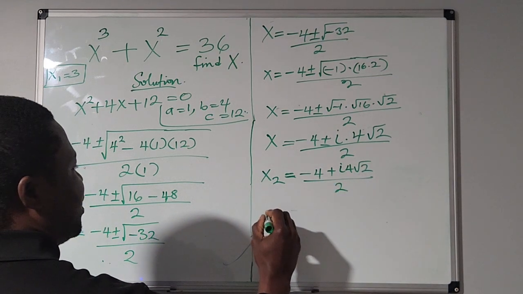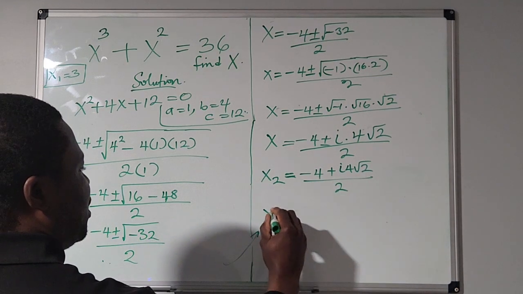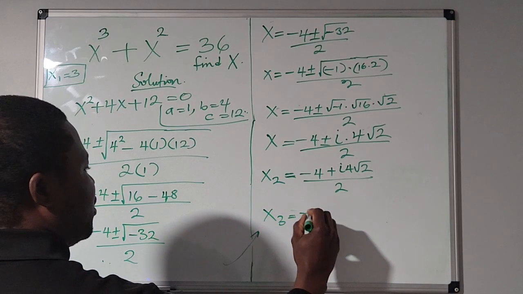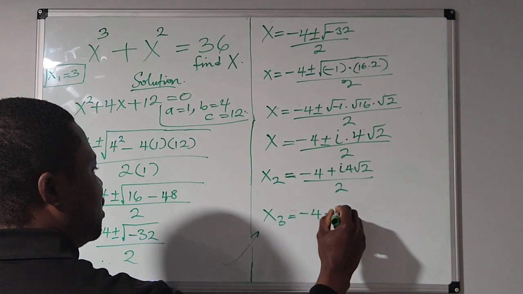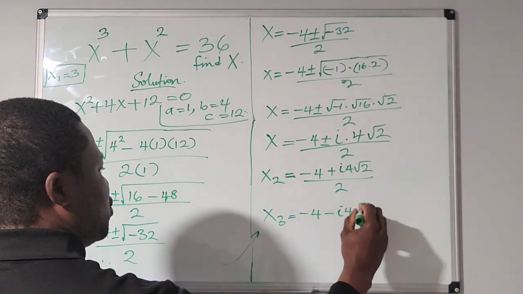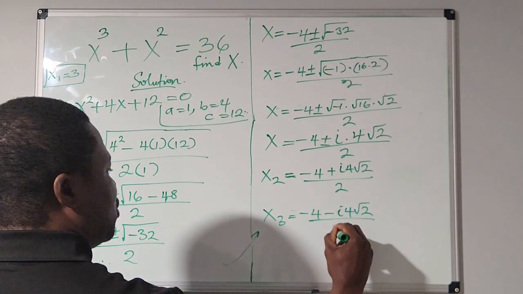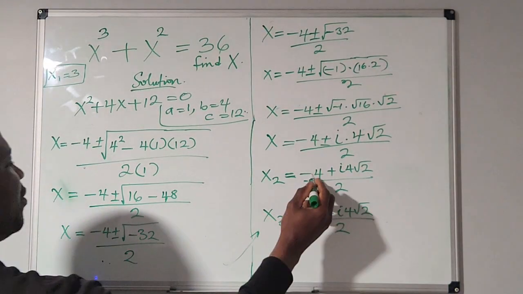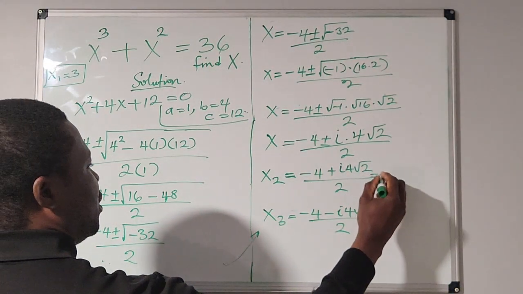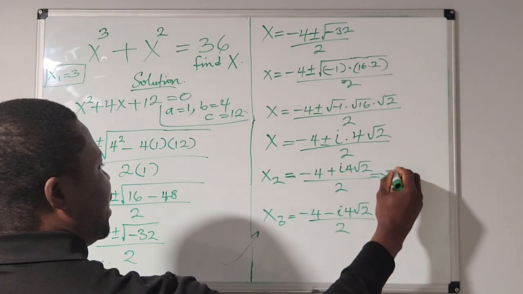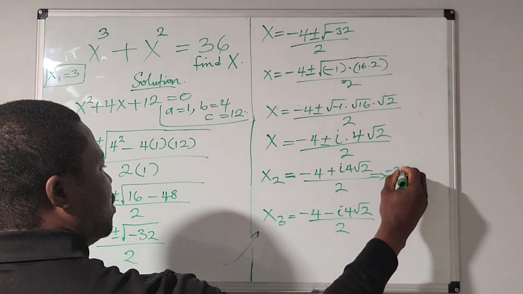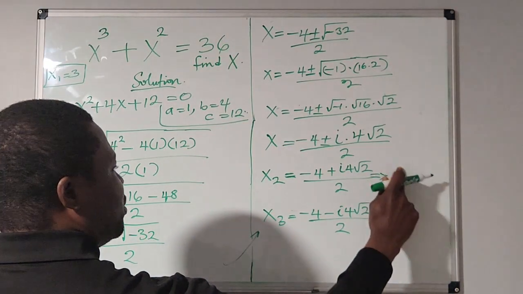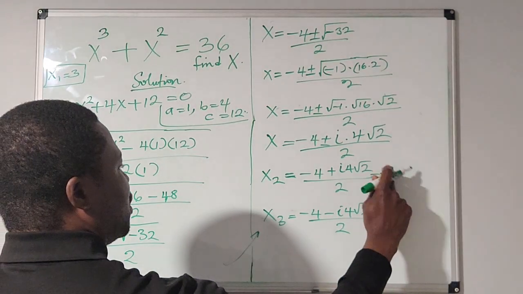And then we have x3, minus 4 minus i 4 root 2 divided by 2. We can factor out 2 here. So this becomes minus 2. This becomes 2.